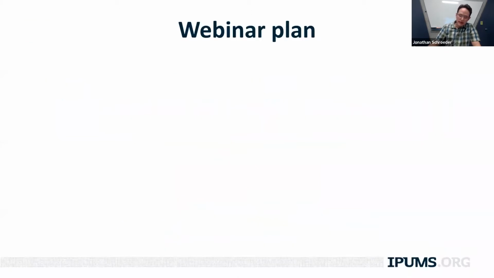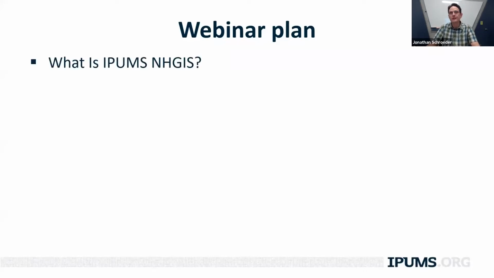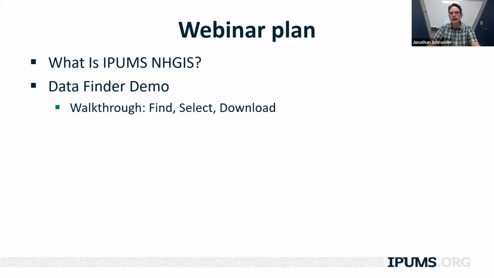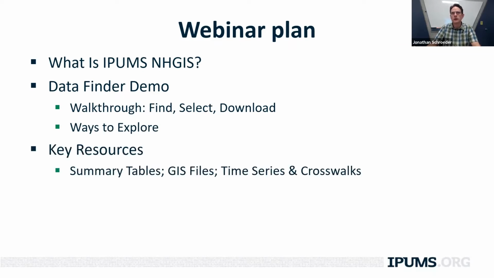My plan today is to give a very broad overview of NHGIS, starting with the basic question, what is it? I'll move on into the data finder and do a quick walkthrough of how to find, select, and download the data. Then I'll circle back and show a few tips for how to explore what's available within the data finder.